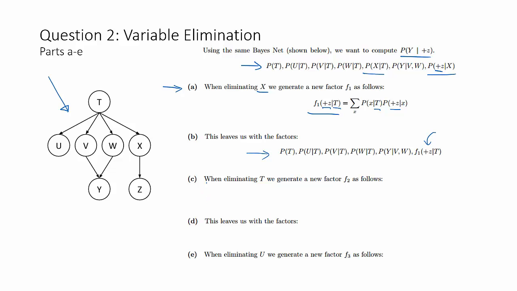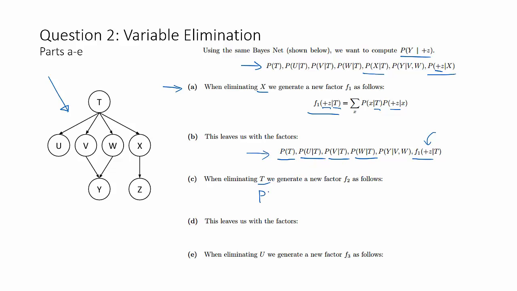For part C, we are joining and eliminating on the hidden variable T, and so we first go through our list of factors and look at which factors involve T. That's P of T, P of U given T, P of V given T, P of W given T, and f1 of plus Z given T. So when we join on them, we multiply these 5 terms together.